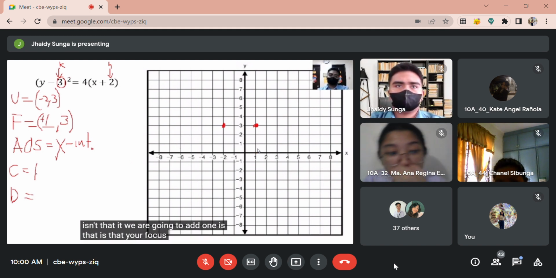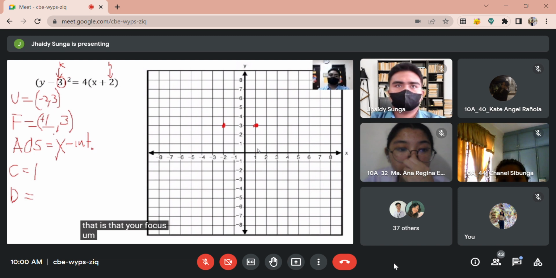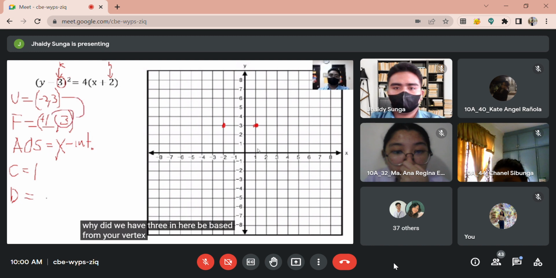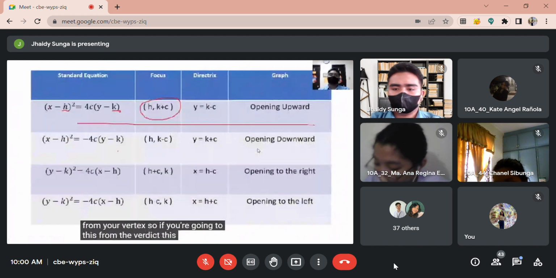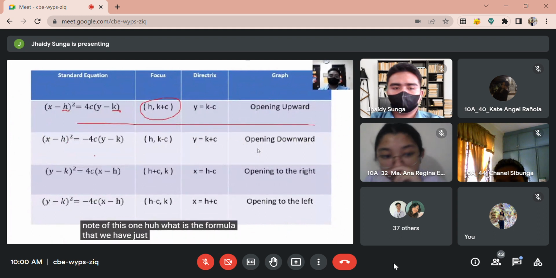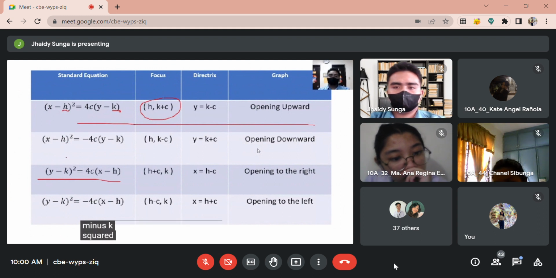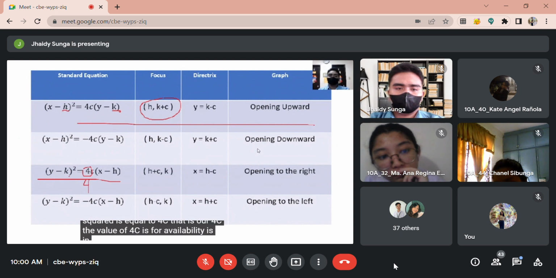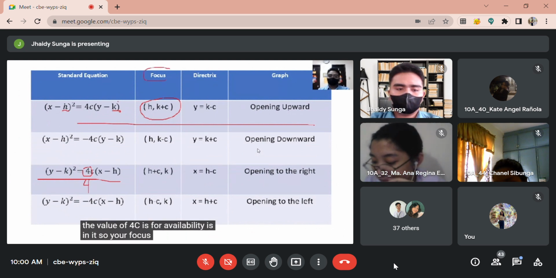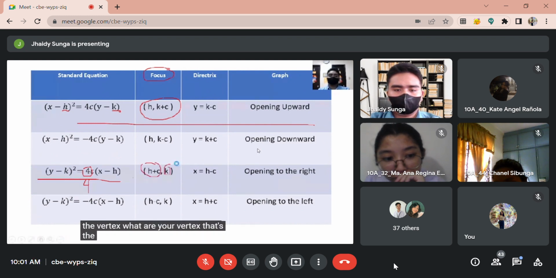Kindly take note, why did we have 3 in here? We based it from your vertex. What is the formula that we have just now? You have y minus k squared is equal to 4c. The value of 4c is from a while ago. So your focus is dependent on the vertex.